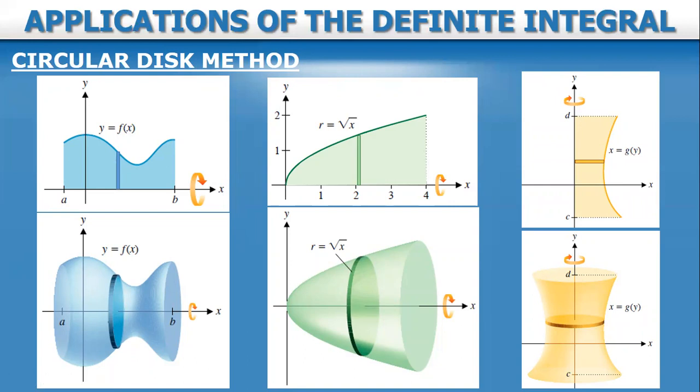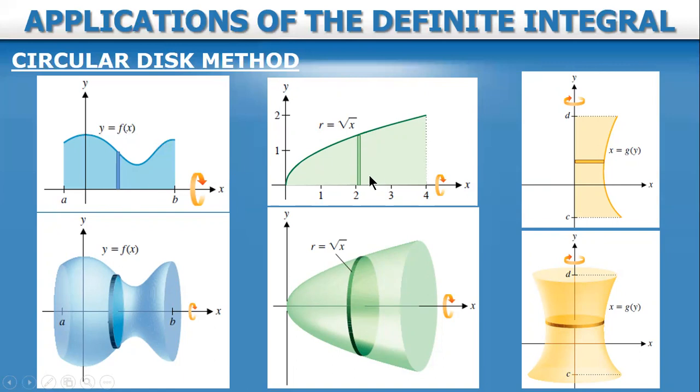So one thing to remember for the circular disc method: your rectangular strip must be perpendicular to the axis of revolution. Like this one, the axis of revolution is horizontal, therefore our strip must be vertical, perpendicular.